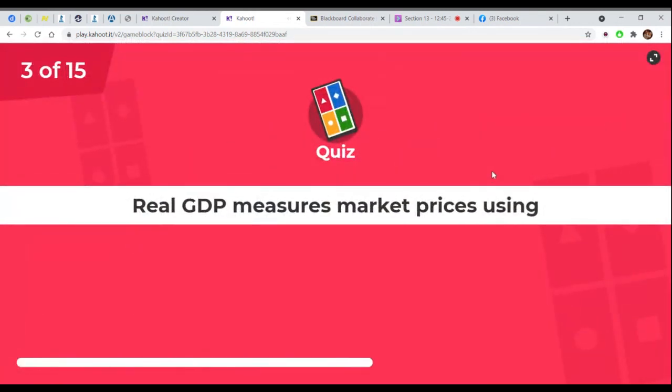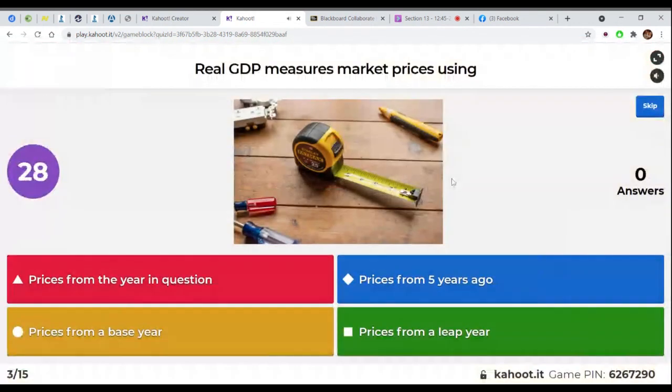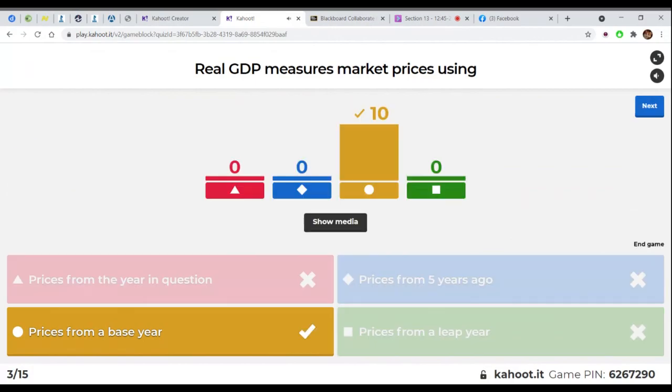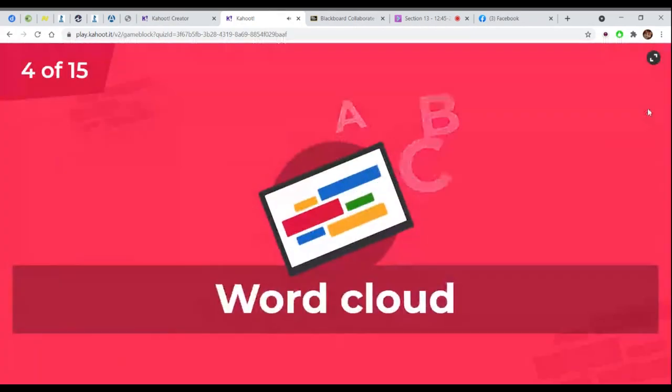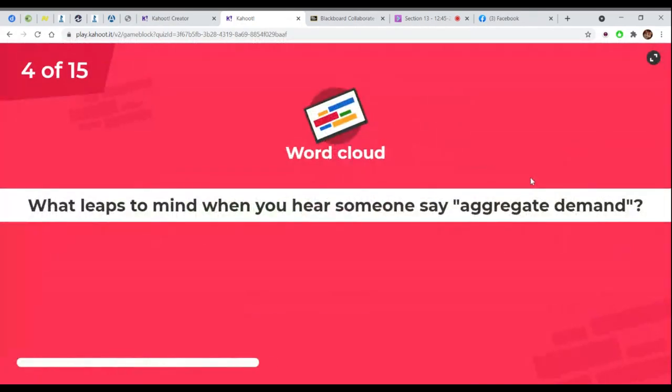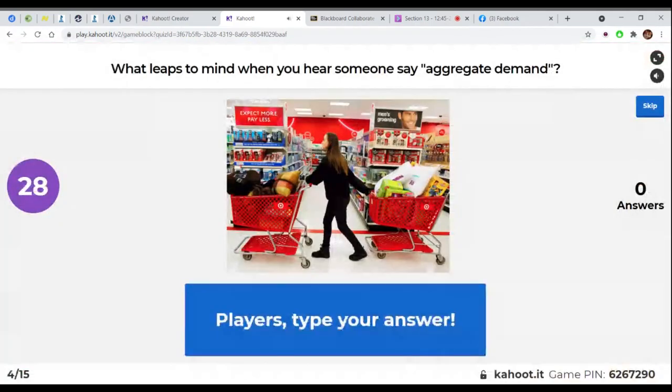Number 3, real GDP measures market prices using what? This is real GDP. Prices from a base year. Everyone got that right. Excellent. Good to see. Next, another word cloud. What leaps to mind when you hear someone say aggregate demand?